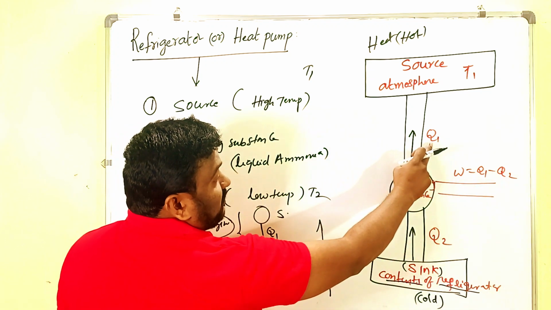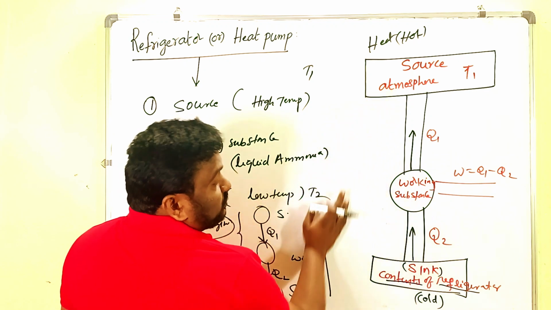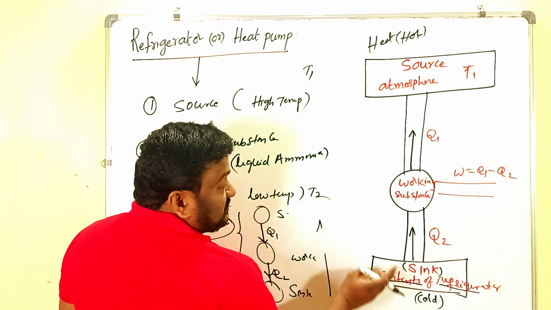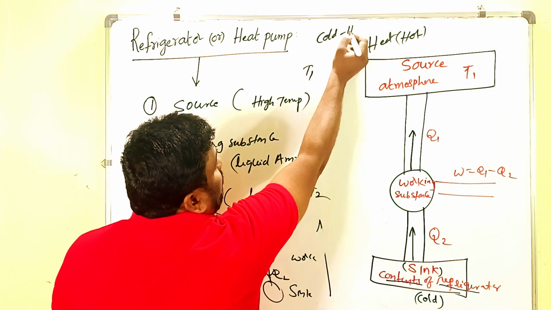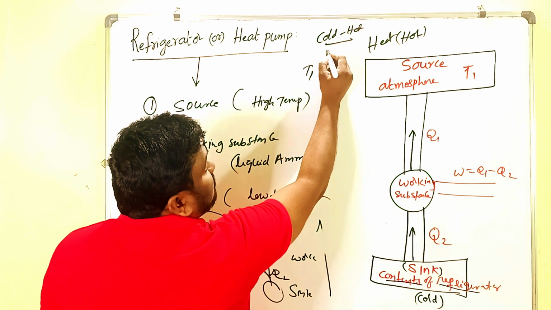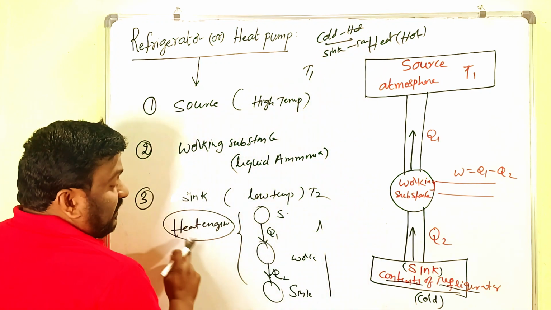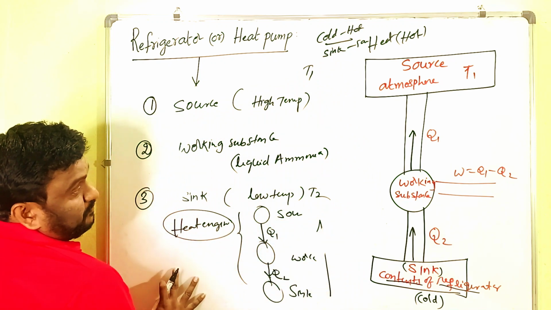Here Q1 is the amount of heat given to the source. So it means, children, that heat is moving from the cold body to the hot body, that is, sink to source. But in a heat engine, heat moves from source to sink.